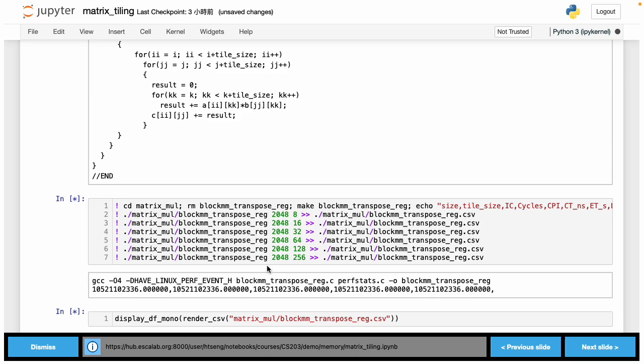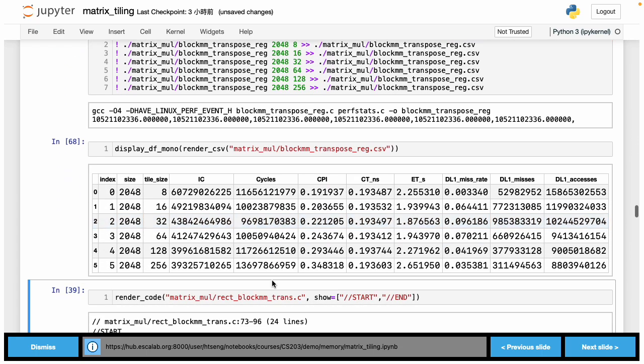And let's see. Okay, here's the result. Look, previously we were at 2 point something. But right now, what's the best? It's 1.87, at tile size 32.